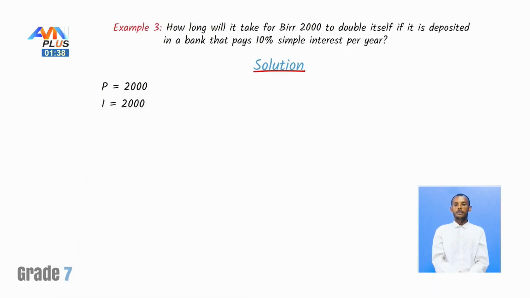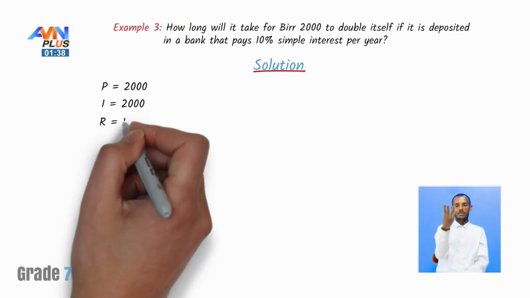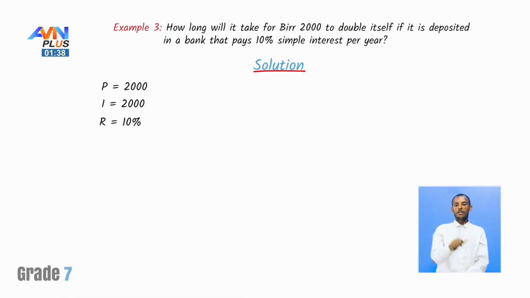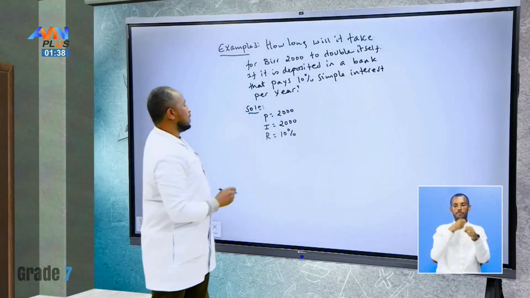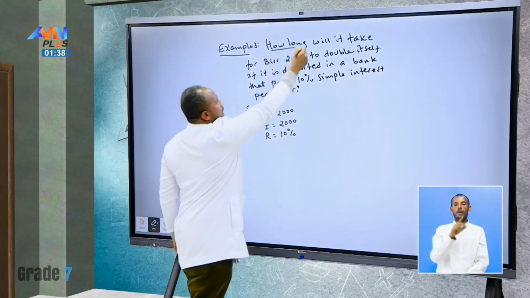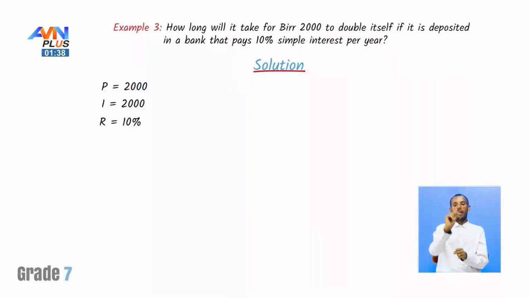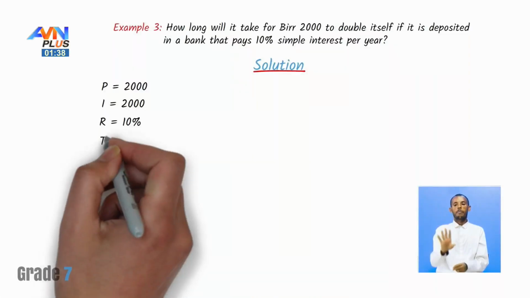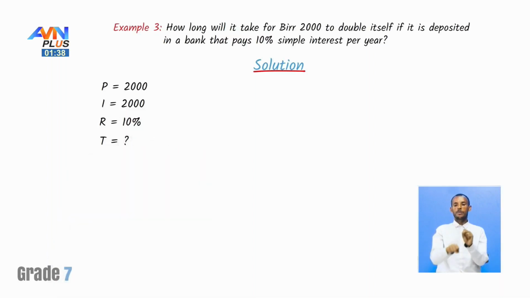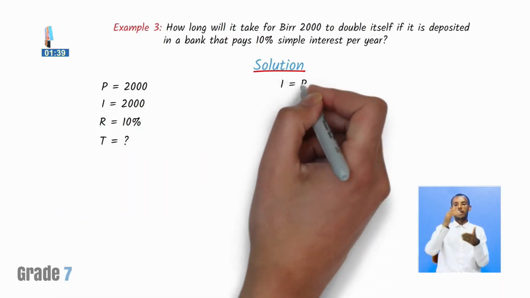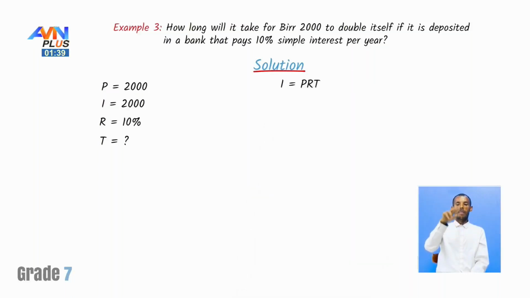It's deposited in a bank. The bank pays an interest rate of 10% per year. So we are asked to find how long the time period is. Using the simple interest equation, I is equal to PRT.